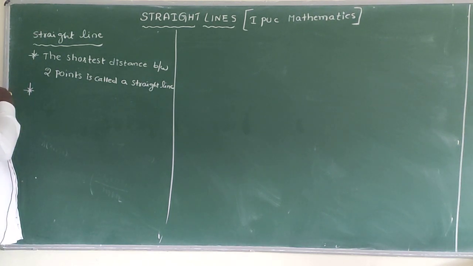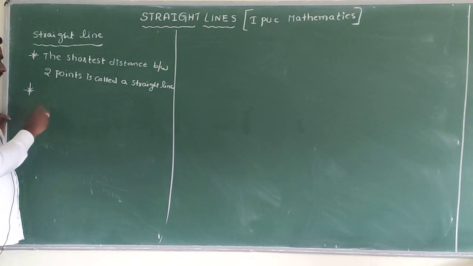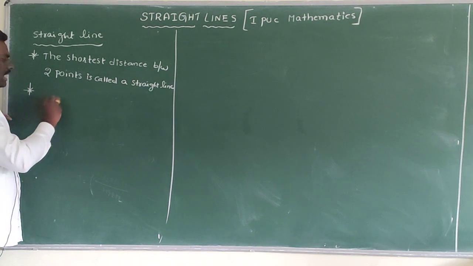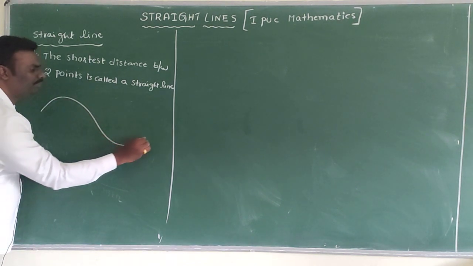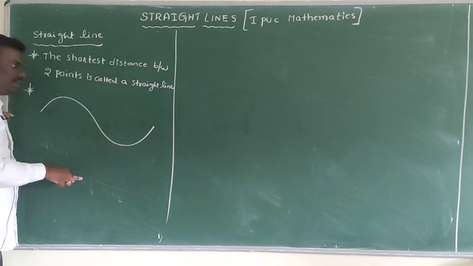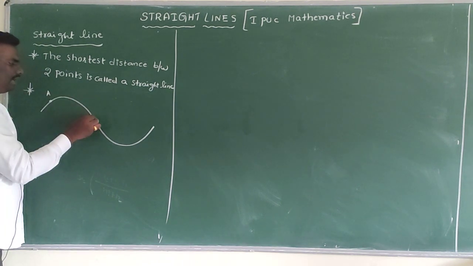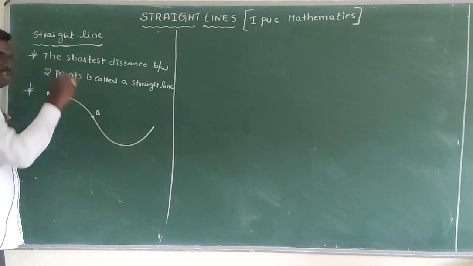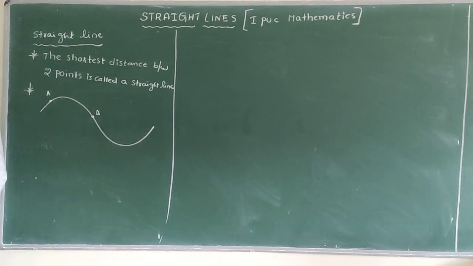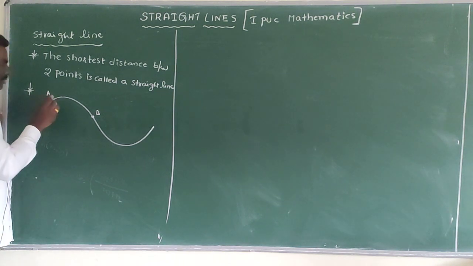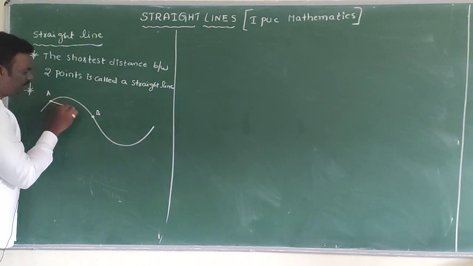Next, what is one more definition? If you take a curve like this, on this curve you take two points A and B. So here A and B are two points on the curve. Now join these two.